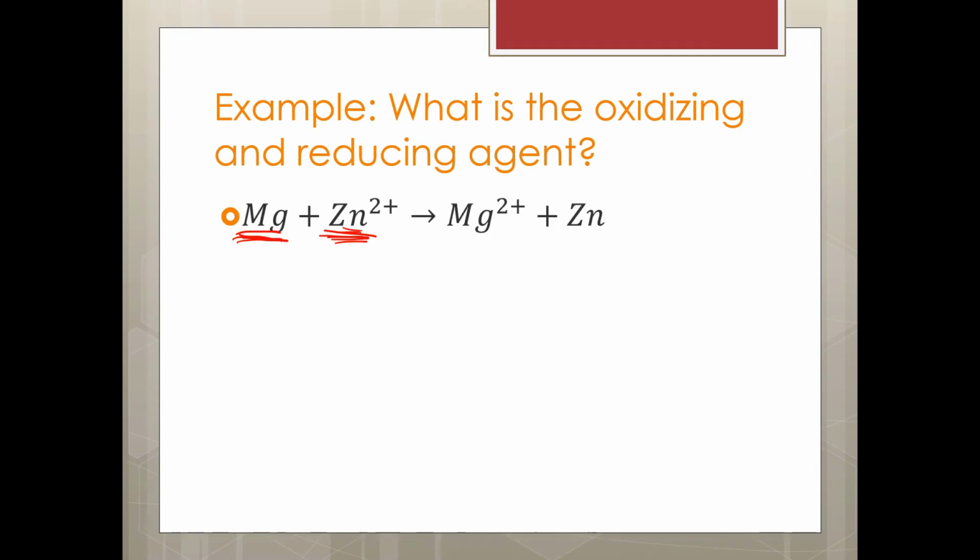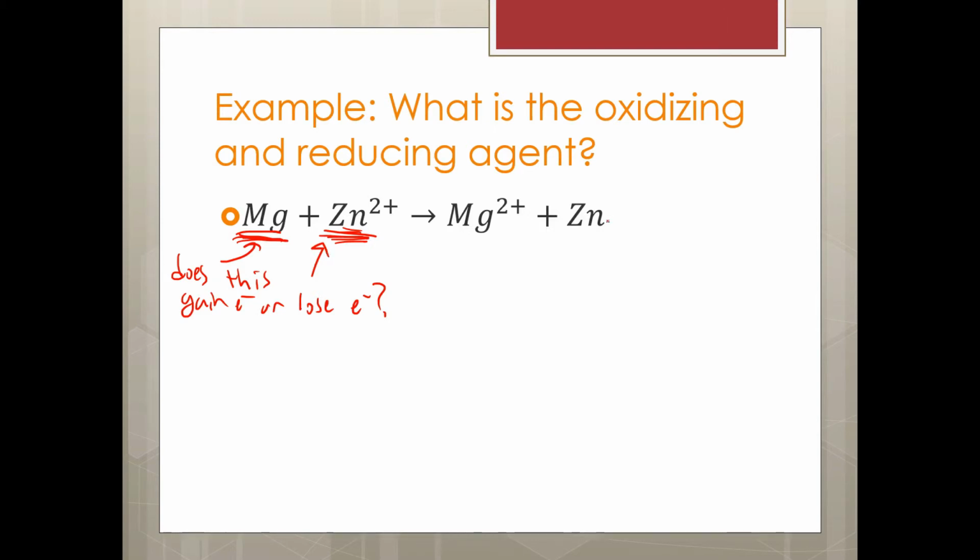Which one of them is getting oxidized? And you can basically ask yourself the following: does this gain or lose electrons? Does this gain electrons or lose electrons? And then you can ask the same thing about this one.